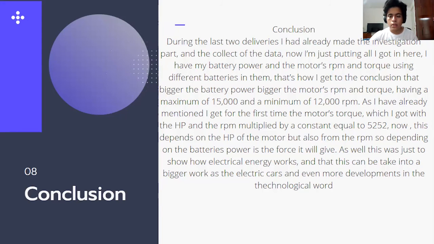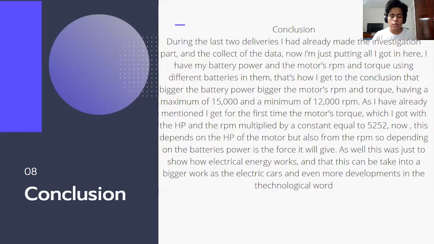The formula uses the HP, which is the horsepower of the motors, multiplied by the RPM and by a constant that equals 5,525. This is a general, simple formula that I could use to get the motor torque.